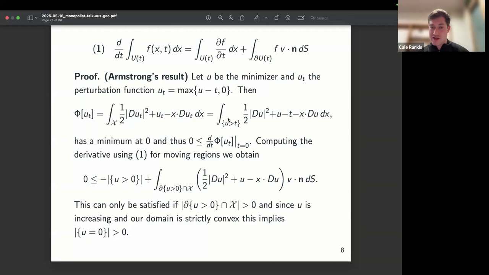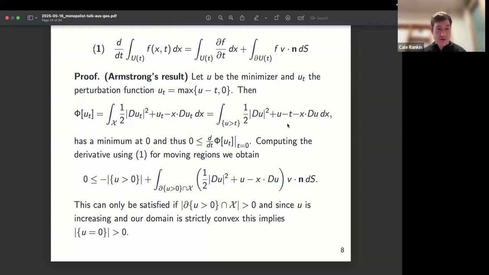So my region of integration is the set where u is greater than t. And on that region, u_t is equal to u minus a constant, so its gradient is unchanged, i.e. I have a half |Du|² minus x·Du, and u_t is just u minus t. So I plug in that term. Now, I said all I have to work with is minimality, i.e.